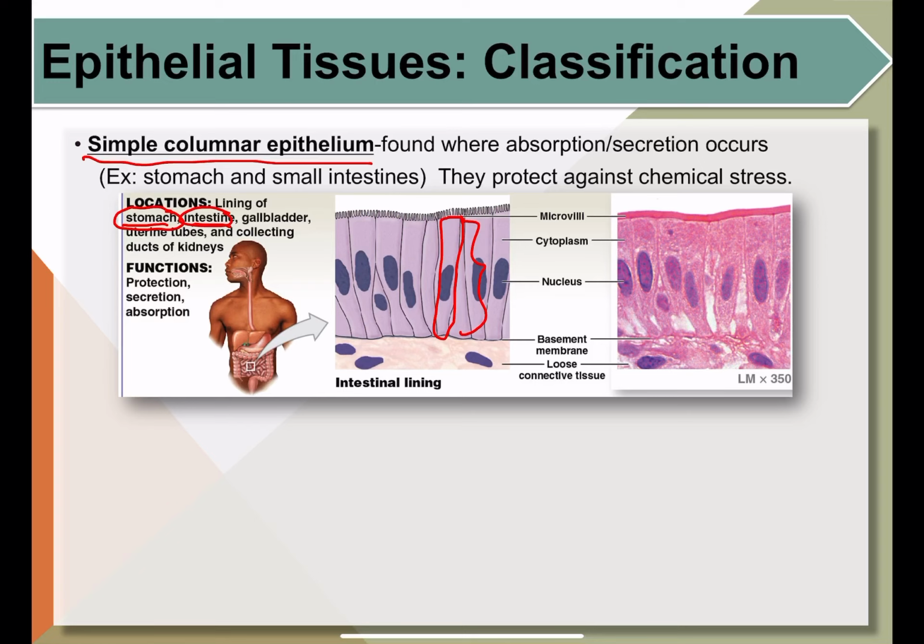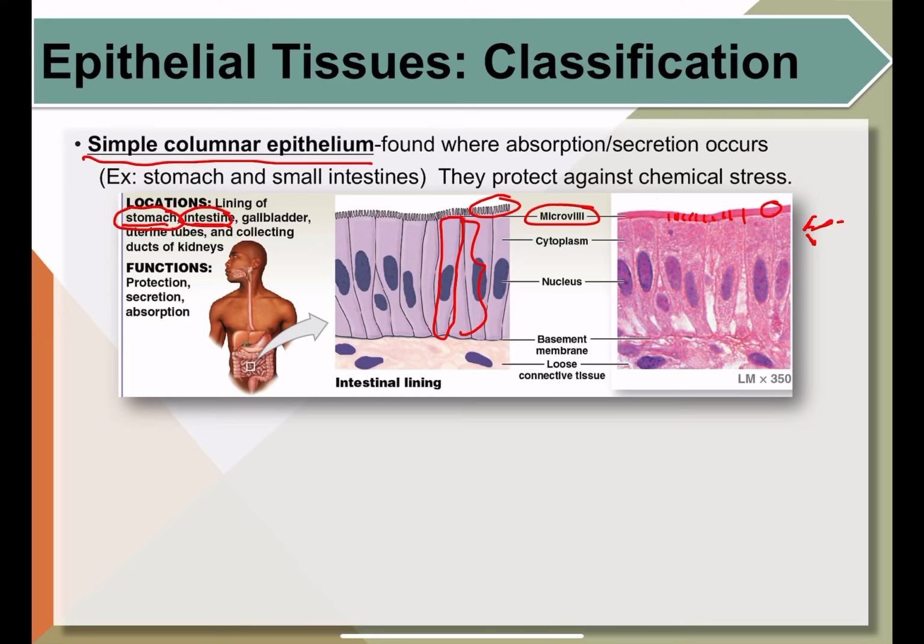Now, this is an example of the small intestine cells specifically, where we have microvilli. Remember, microvilli are in areas where we have lots of absorption going on. So you would see that in this drawing right here. But on the microscope, you actually have a hard time locating the microvilli. As you can see, it's just a layer of really mushy stuff all on top.